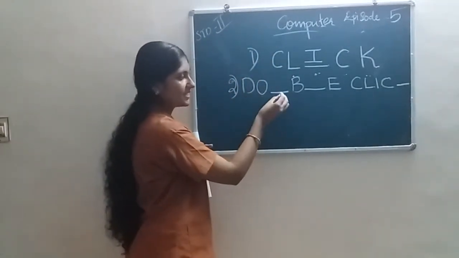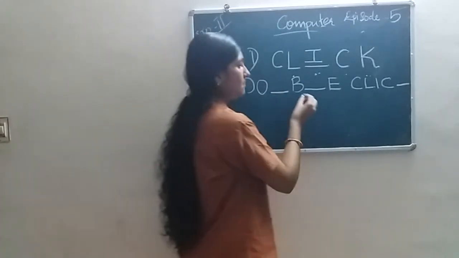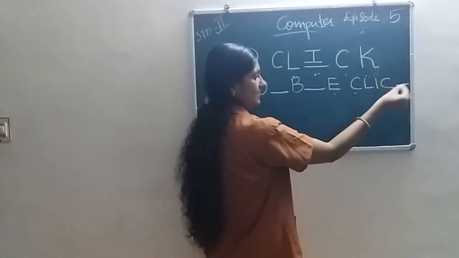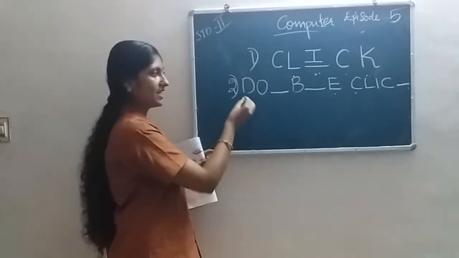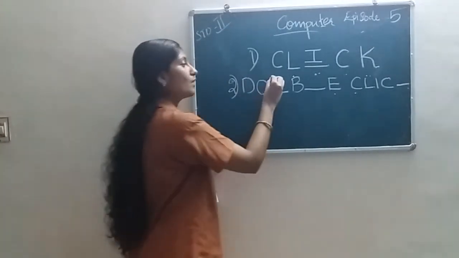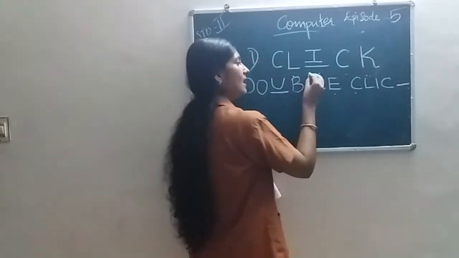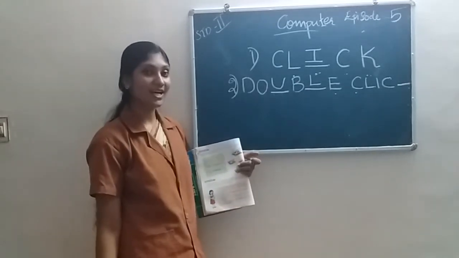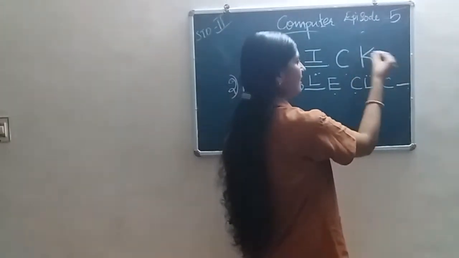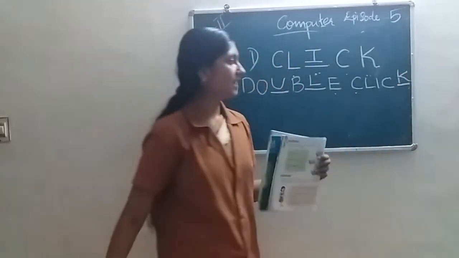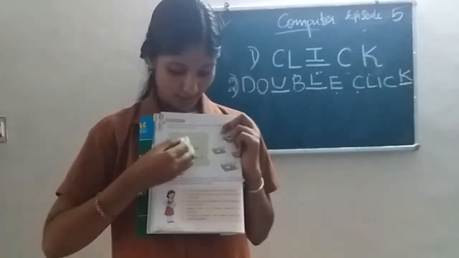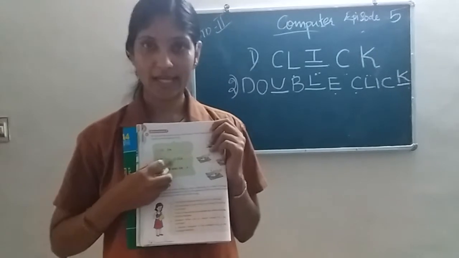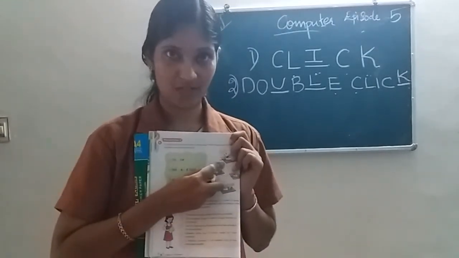D, O, what is the letter here? U. D, O, U, B, L, E, double. So the word starts with double. It is double click. So C, L, I, C, K, double click. Then identify the picture of double click. You can match double click to here. So, draw a line from this word to this picture.